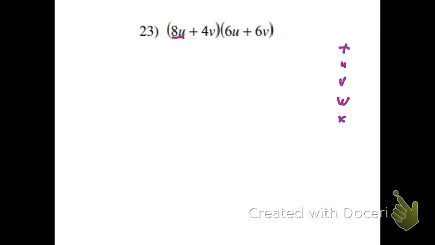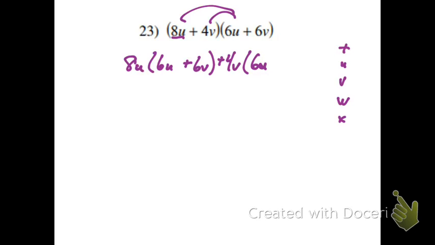So that's 8U multiplied by 6U plus 6V. Then we have plus 4V times 6U plus 6V. Okay, so just double distributing like we've done before. Now, when we multiply these, U comes before V in the alphabet.